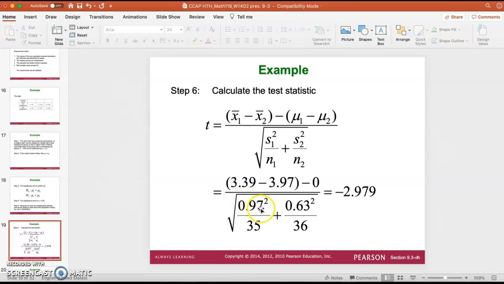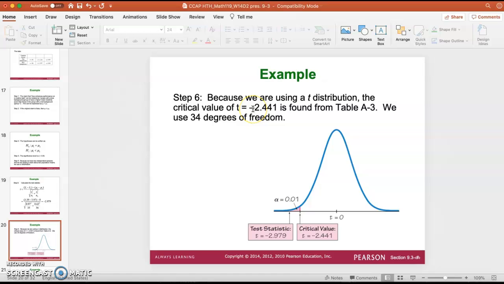Then the red standard deviation squared divided by its sample size, plus the blue standard deviation squared divided by its sample size, all square root. Once you evaluate that, you should find that the test statistic comes out to negative 2.979.